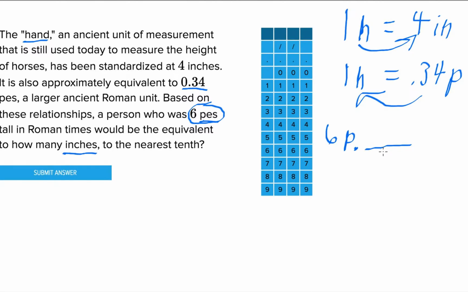So 0.34 pace is equal to 1 hand. So we set it up like this with the pace in the denominator and the hand in the numerator. And you'll see why we want to set it up like that in just one moment.